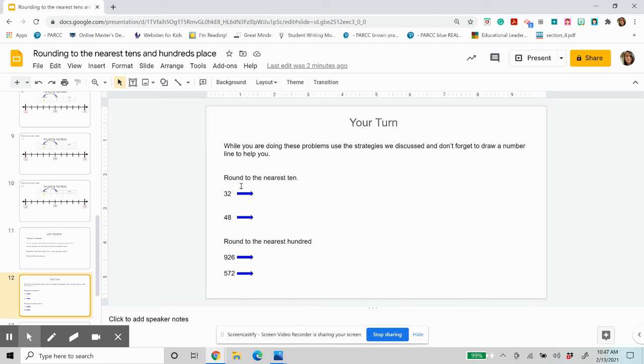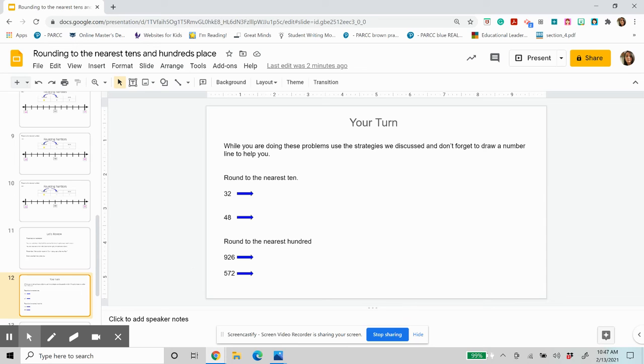So on these two, you're going to round to the nearest 10. So 32, round to the nearest 10. 48, round to the nearest 10. And then on these two, you're going to round to the nearest 100. 962, round to the nearest 100. 572, round to the nearest 100. So right now is a good time to pause this video so you can get these done.